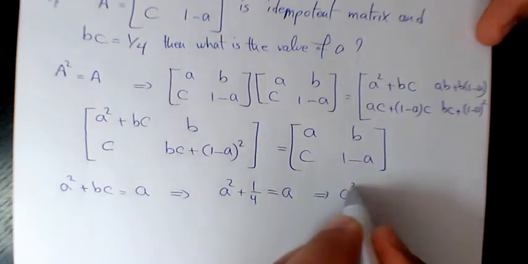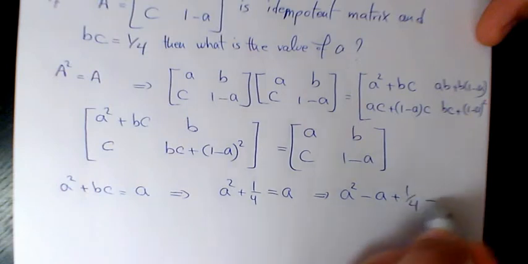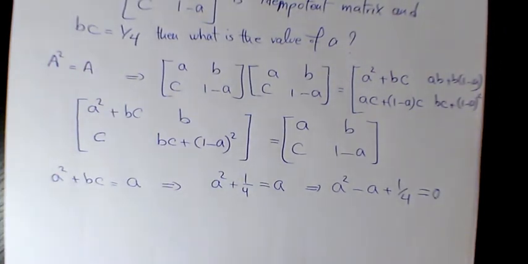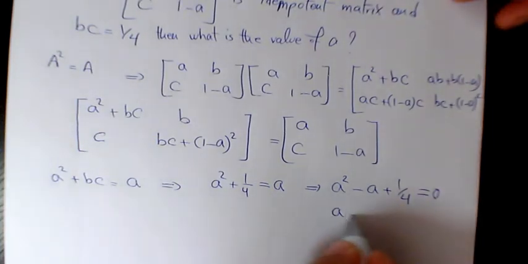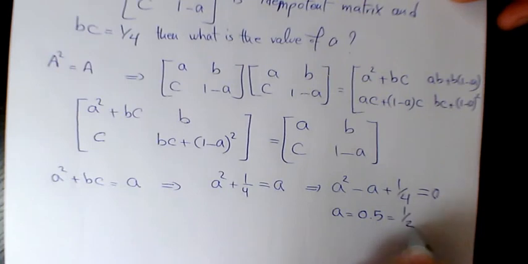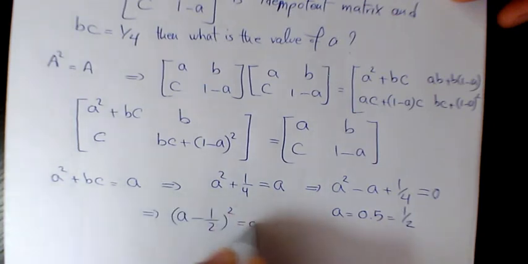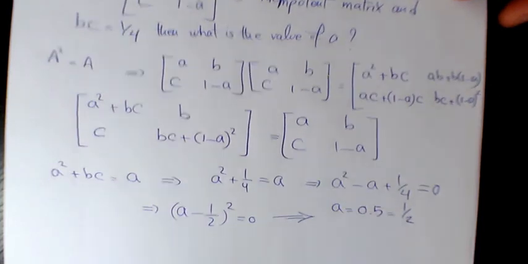We can say A squared minus A plus 1 over 4 equals 0. When we solve it, we can use, for example, the quadratic formula, which I need to calculate. That's going to give me 0.5, or 1 over 2. You could also factor it and say (A minus 1 over 2) to the power of 2 is going to be 0. Therefore, we have A equals 1 over 2.